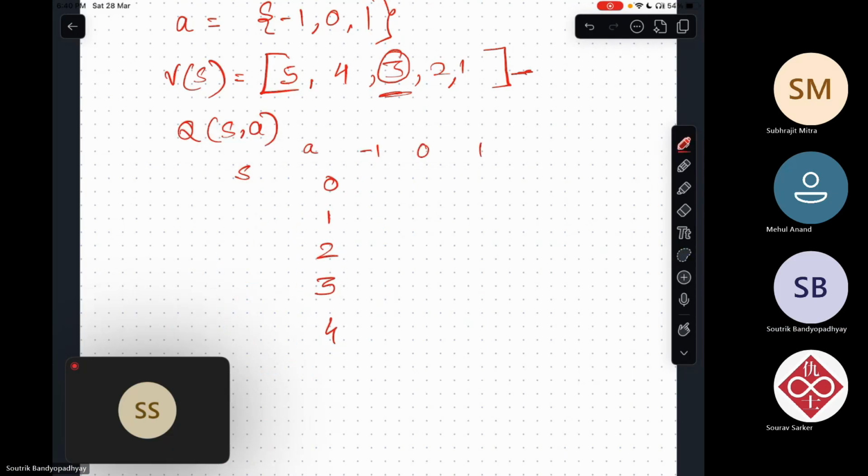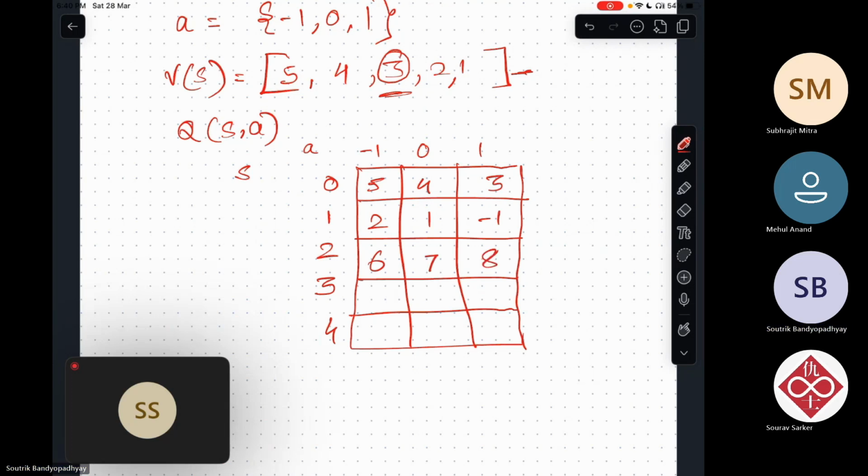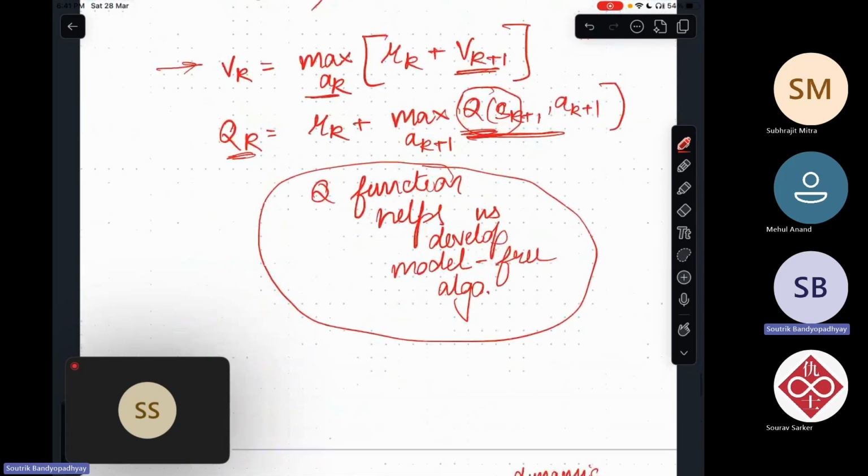So for each of these bricks, if I give you the Q function for each of these, so let's say this is 5, 4, 3, 2, 1, -1, 6, 7, 8, 9, 100, 5, 2, 5, 9. So suppose I am at current state 2, and given the values of these functions, can you tell me which action I should prefer?